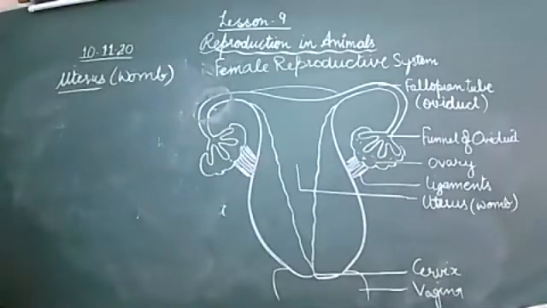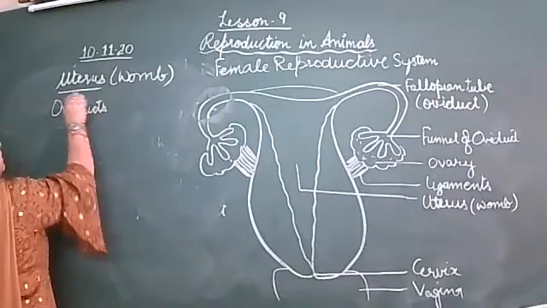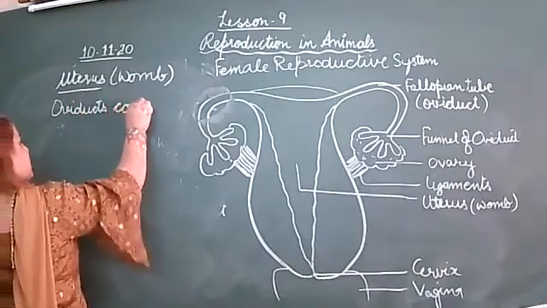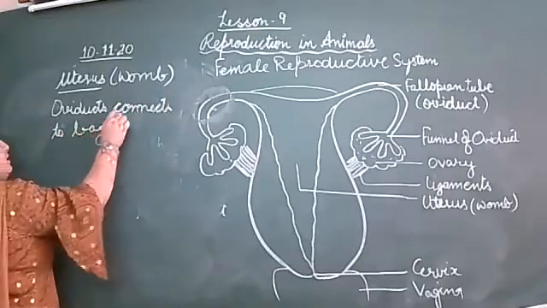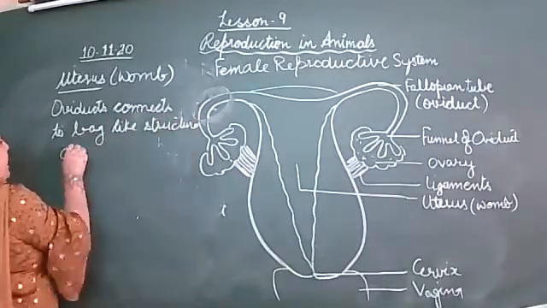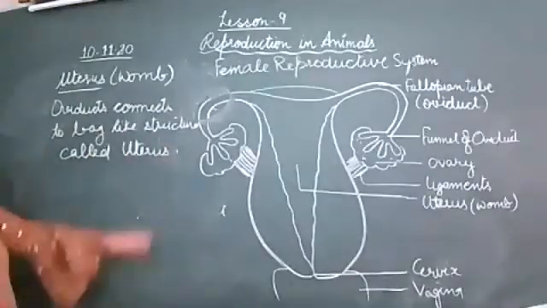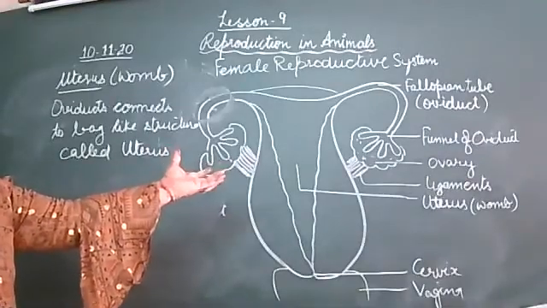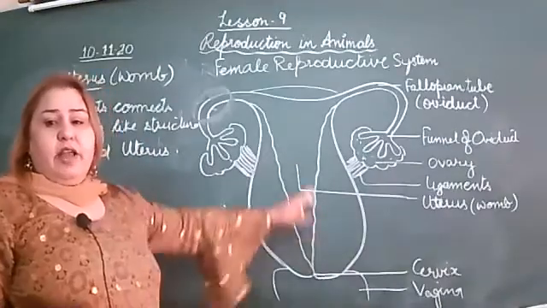Oviduct connects to a bag-like structure called uterus. So that is the uterus, a bag-like structure. The growth and development of the baby takes place here.